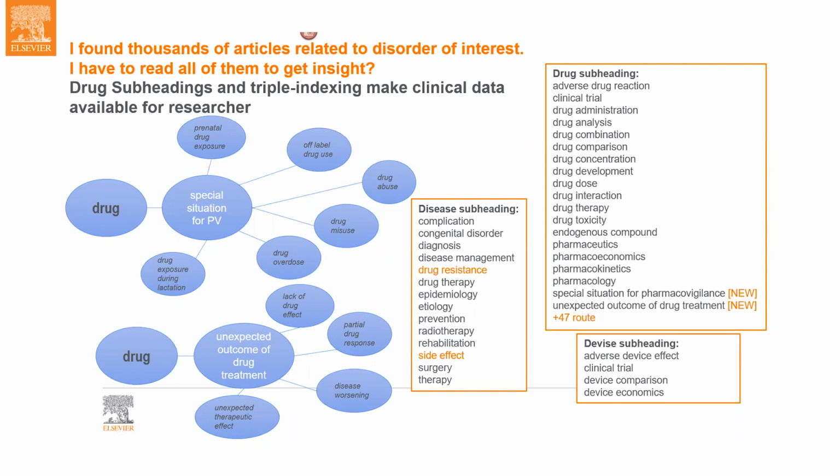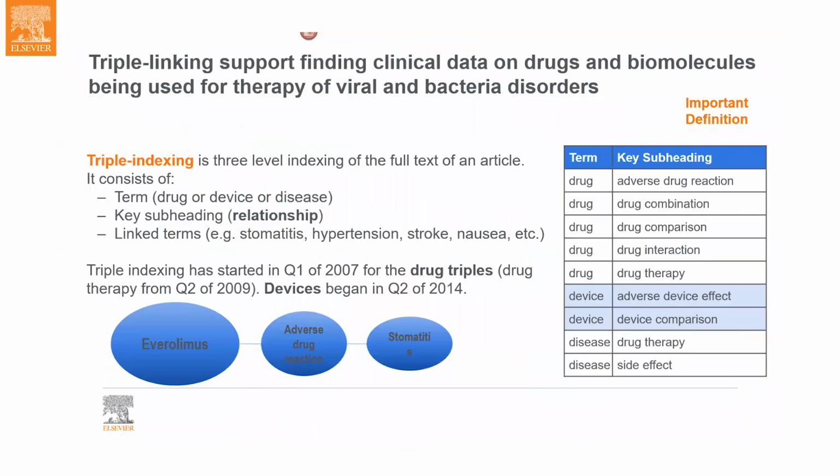Also, Embase has very good indexing of medical devices, and even for medical devices we have subheadings, which are called adverse device effect, clinical trial, device comparison, and device economics. Some of these are key subheadings, and in the case of key subheadings, you can use triple indexing. It is exactly what we used in the previous example.